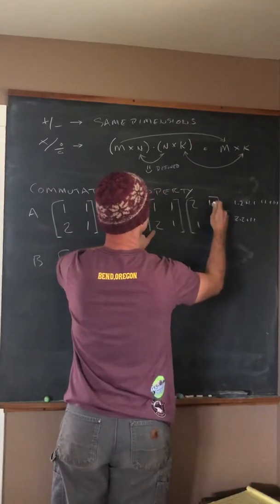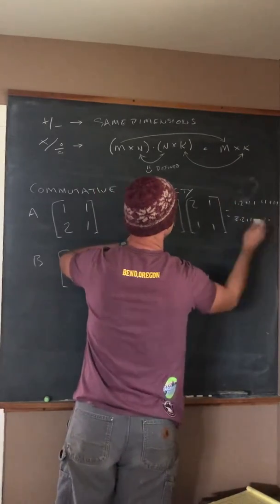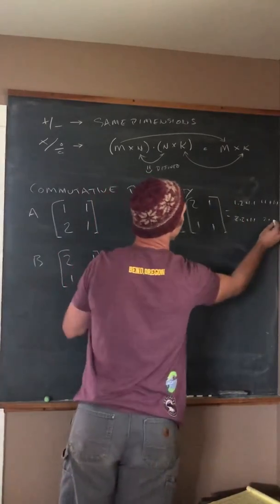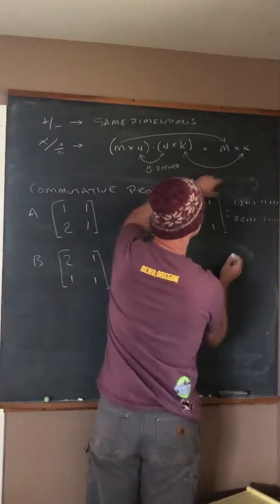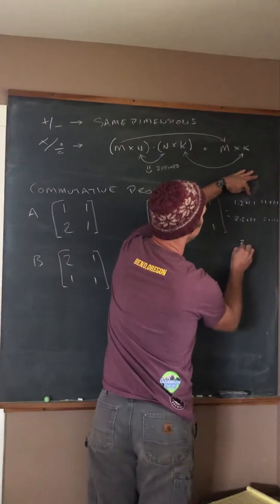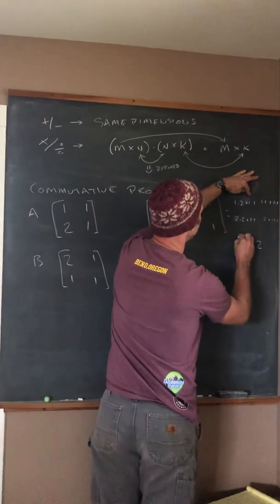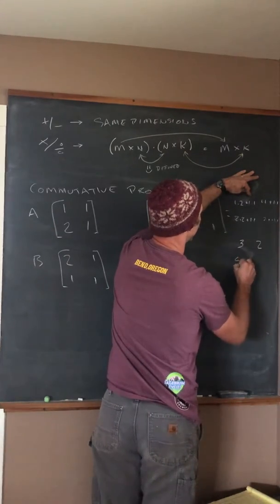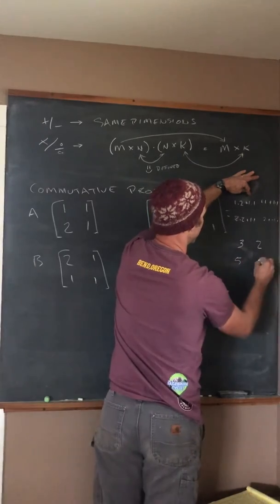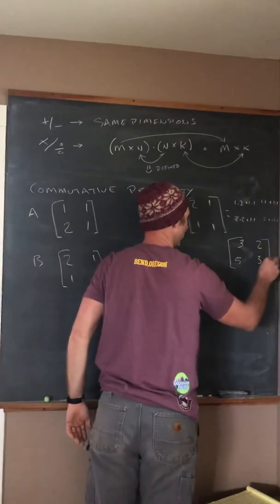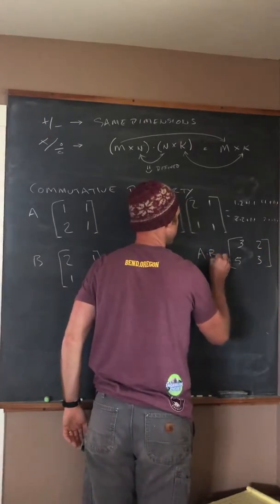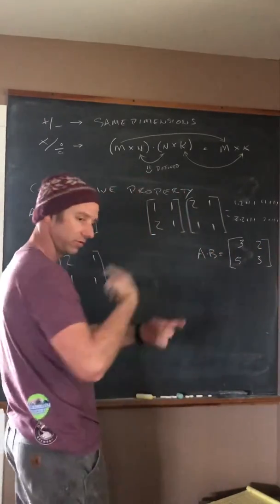And the last one, 2 times 1 plus 1 times 1. And let's see what that's going to be. 2 and 1, so 3, 2, 5, 3. Okay? That's A times B. Let's do the other way around.